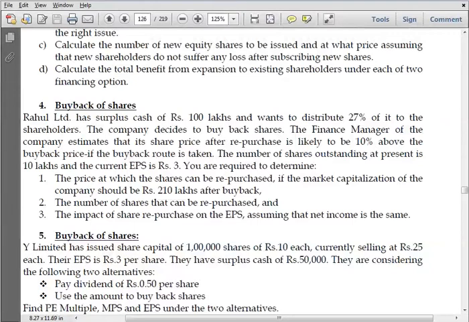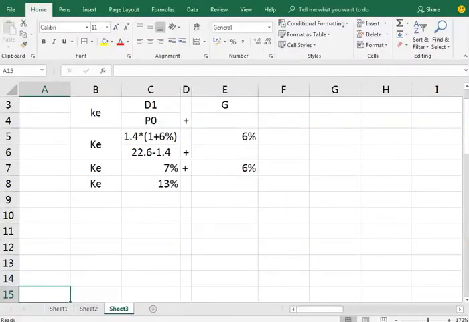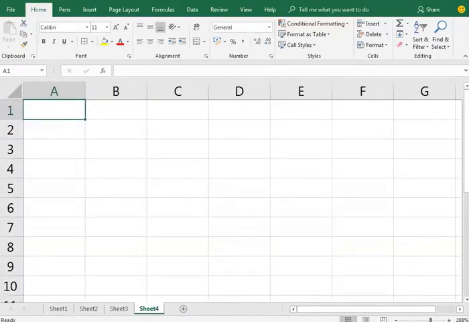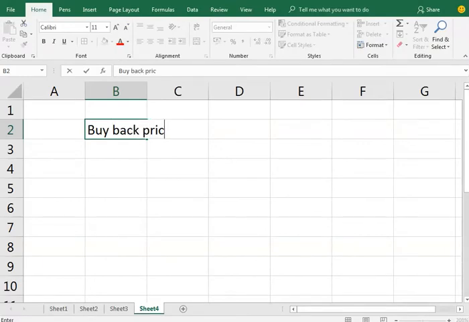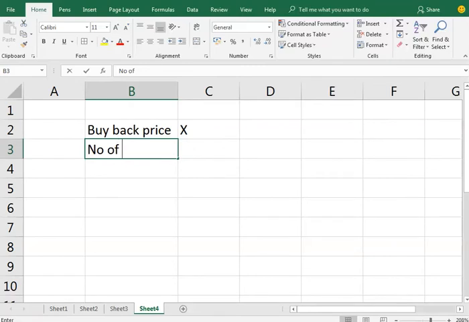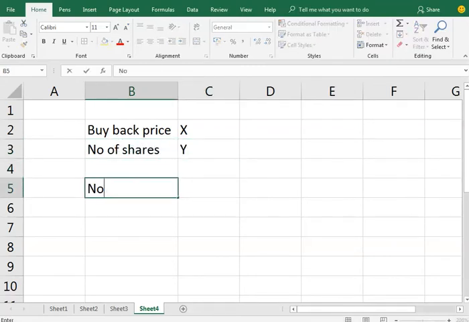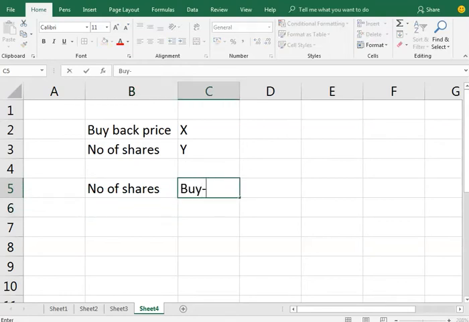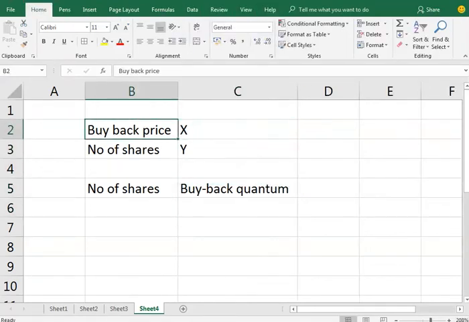Next point, let us assume the buyback price to be X and number of shares to be Y. So your buyback price is X, number of shares is Y. Now number of shares is equal to buyback quantum divided by buyback price.